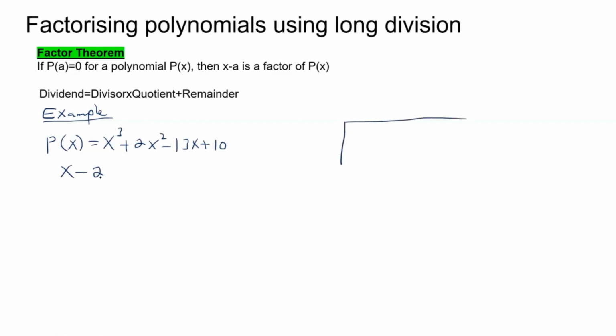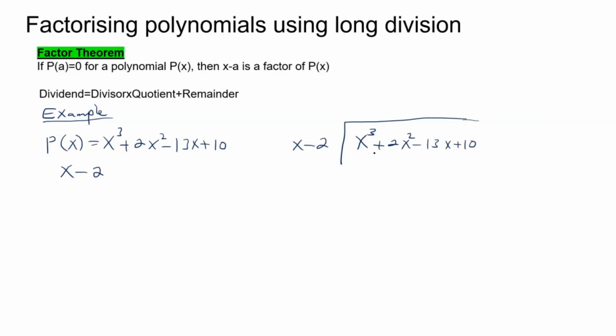This expression is a factor of that, so I want to divide using the long division. This is the dividend, what goes inside. This is the divisor, and what goes on top is the quotient.